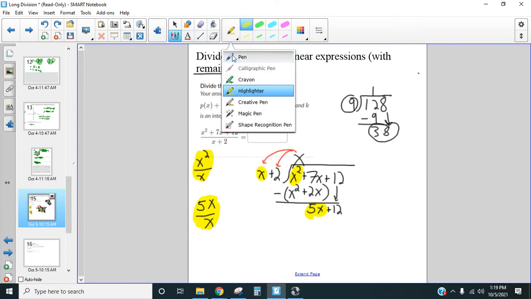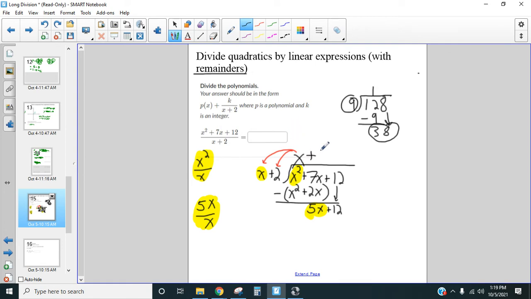All right, so 5x divided by x is positive 5. We write it up top. The last time we wrote something up top was this x. What did we do at that point in time? We took x squared divided by, we distributed. Bingo. So 5x plus 10.